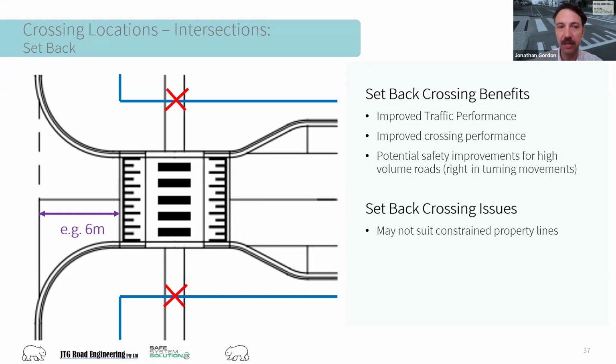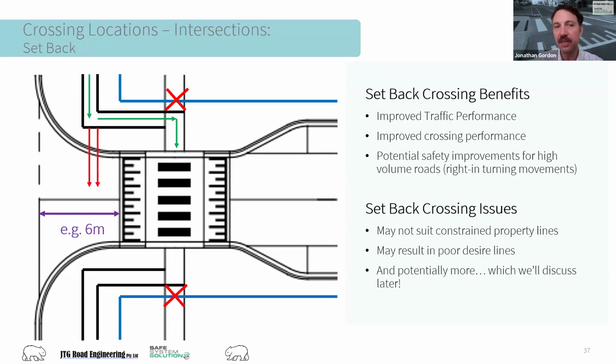In constrained property line areas, so smaller residential areas again, you might find yourself needing to dogleg paths to get to these locations. And you might then find that our desire lines are less desirable. So here we've got the green arrow saying we want a pedestrian to walk back down here and cross at this location, whereas anyone travelling from this path to this path may start to get the feeling that they'd just like to continue straight.